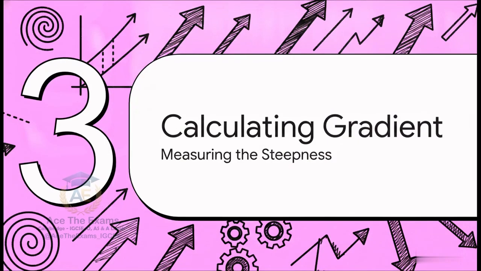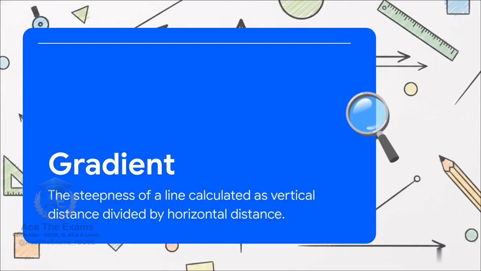Which brings us to section 3, calculating the gradient, measuring the steepness. Now that we've mastered measuring the length and finding the exact middle of our journey, it's time for things to get really dynamic. Enter the gradient. This structurally connects our points by defining their slope, or in everyday terms, their steepness. Our source material defines this as the vertical distance between 2 points divided by the horizontal distance.